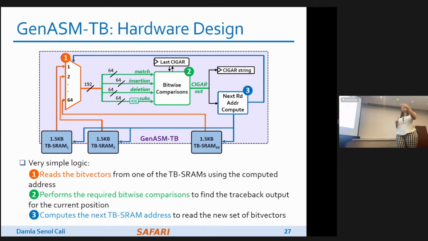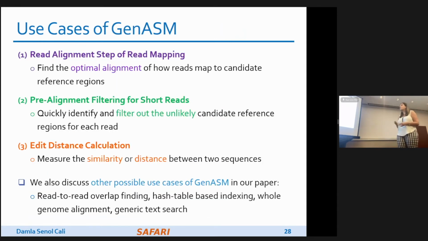And then based on that found traceback output for the current one, we calculate the next TB SRAM address and read the new set of bit vectors and go back to step one. And when the traceback output is found for the current window, then we stream it back to the main memory as the output for the current iteration.